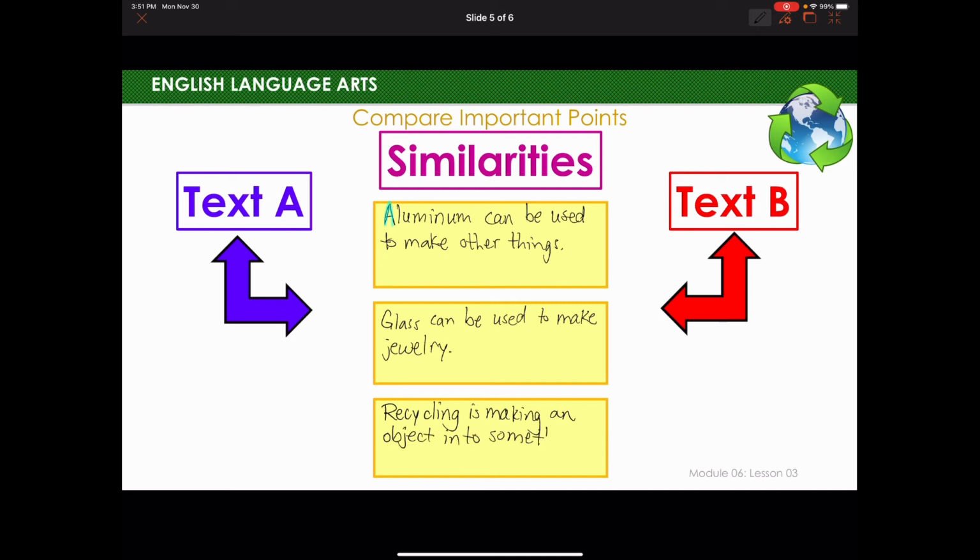They both talked about how you can make something new. All right, so that is how you compare important points that authors make in two different texts. And when you do that, remember, when we're comparing, we're talking about how things are alike or the same.